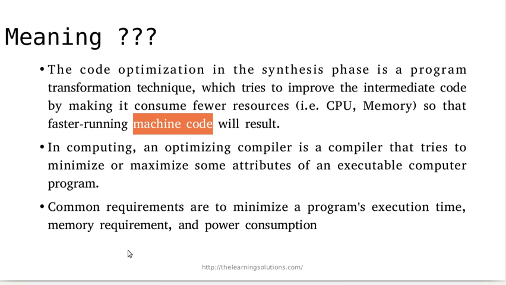At what point we need to minimize certain attributes, and at what point we need to maximize certain attributes, this decision is taken by such an optimizing compiler, because there are situations where you need to minimize some attributes, or maximize others. But keep in mind, the main focus is on improving the program's execution time and reducing the memory requirement and power consumption.